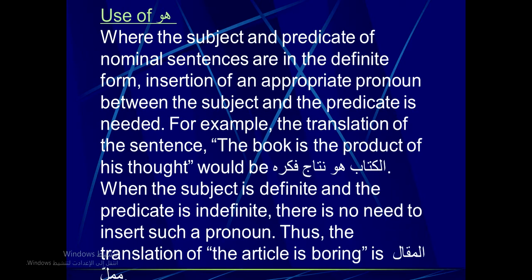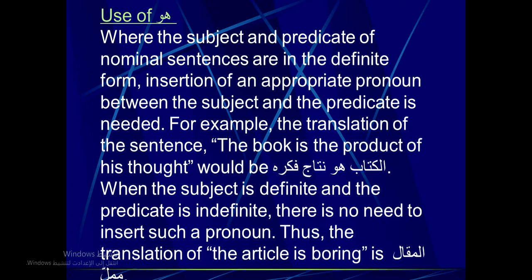Use of هو. Where the subject and the predicate of nominal sentences are in the definite form, insertion of an appropriate pronoun between the subject and the predicate is needed. For example, the translation of the sentence "the book is the production of his thought" would be الكتاب هو نتاج فكره.